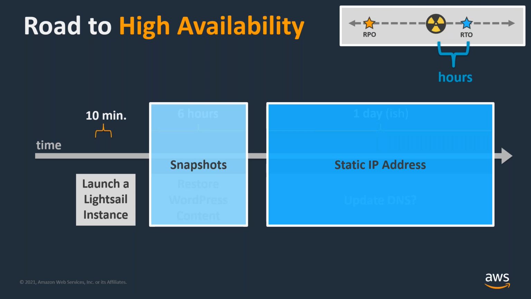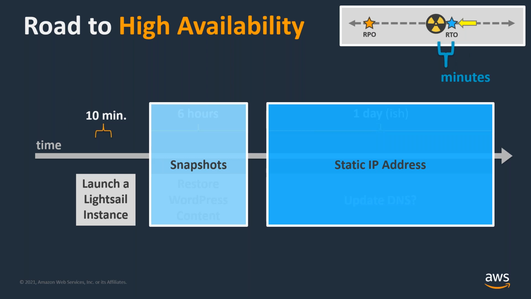Now, with the use of Lightsail Snapshots, I can reduce that from hours down to minutes. The number of minutes is really defined by how long it takes to start a new instance based on that snapshot and reassign a static IP address. So it's not a very long amount of time.